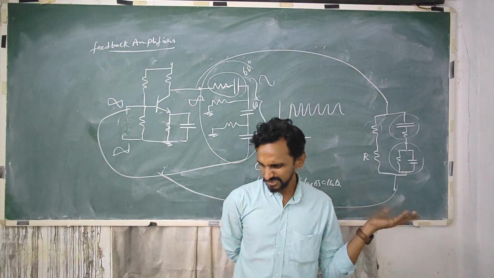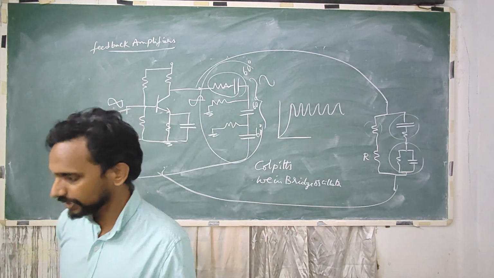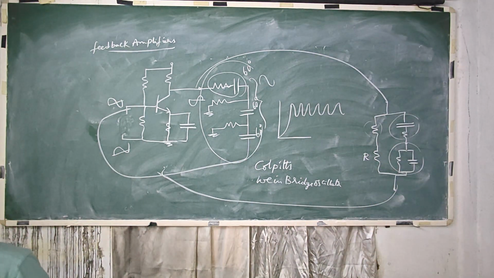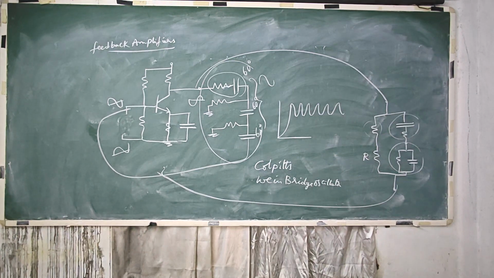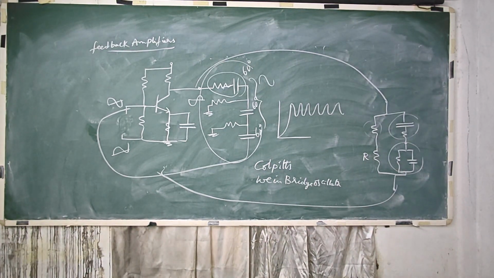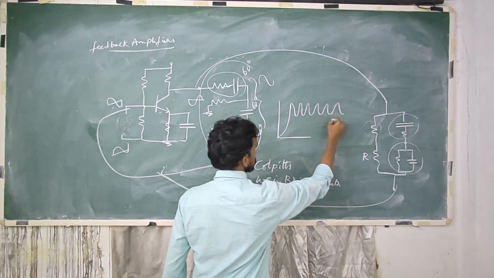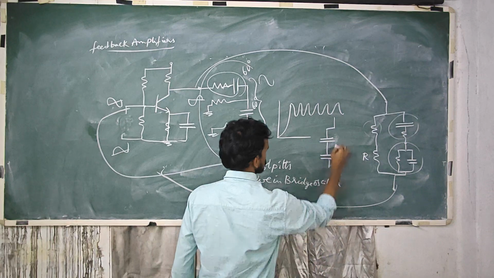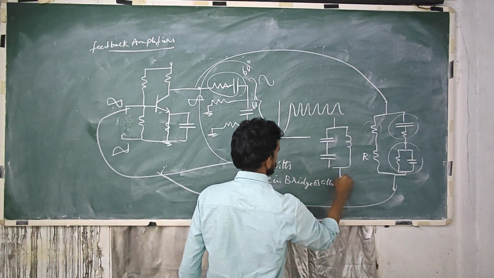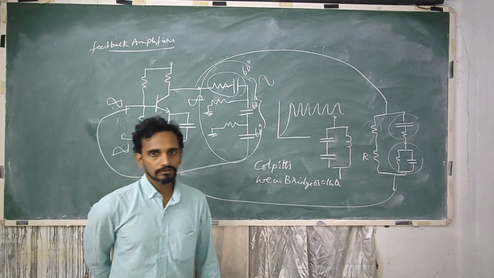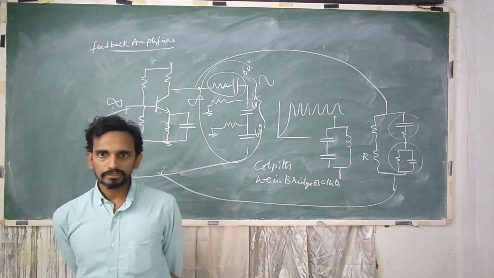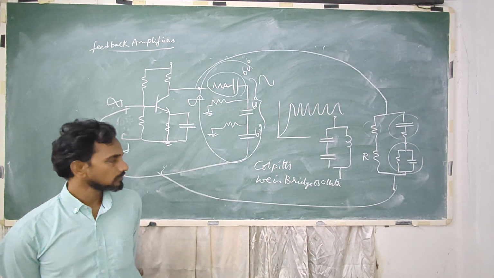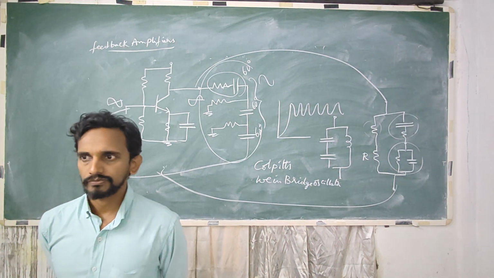And Colpitts oscillator also similar way, you can produce 180 degrees phase shift using some components of R and C. Colpitts oscillator contains combination of L and C components that produce a 180 degrees phase shift.